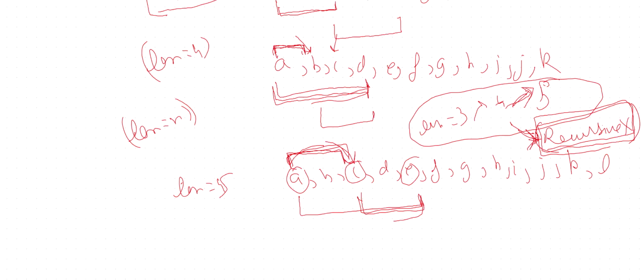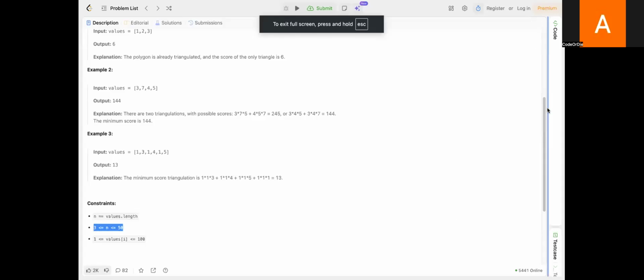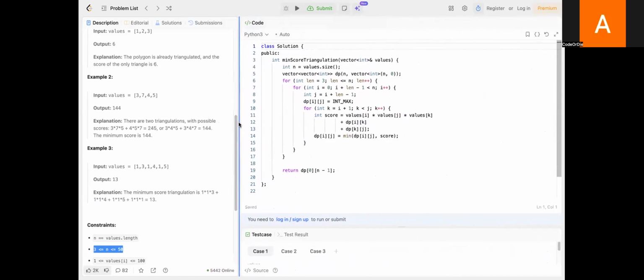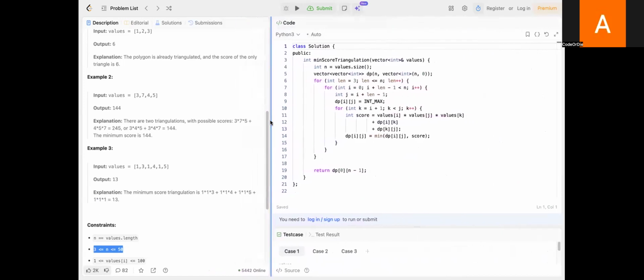So now I will share my screen code. Okay, so this is the code, and it was hidden because I didn't want you to see. So this is your size of values. Now you create a 2D DP, and initially I initialize the value to be 0 for all i, j.